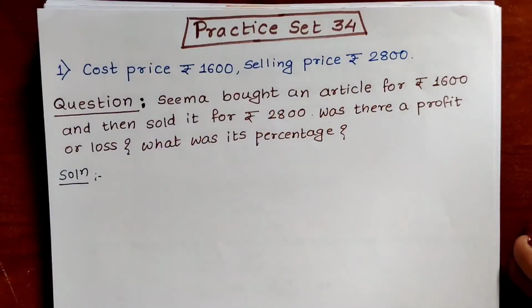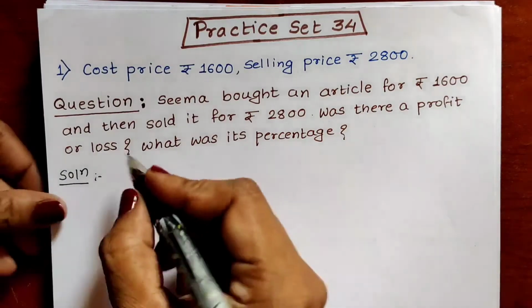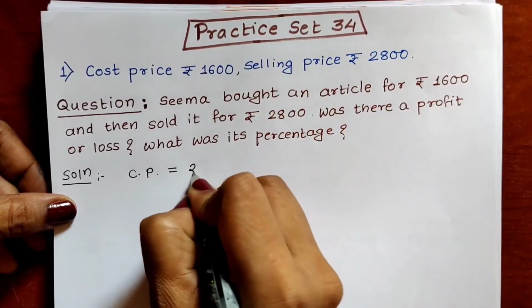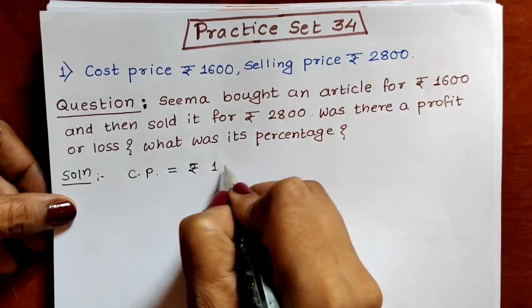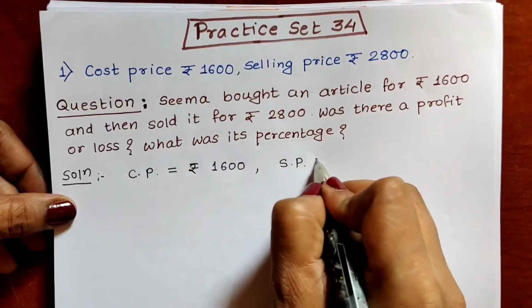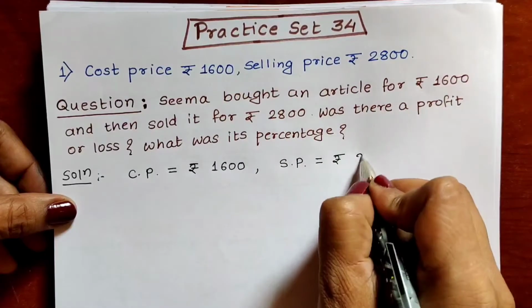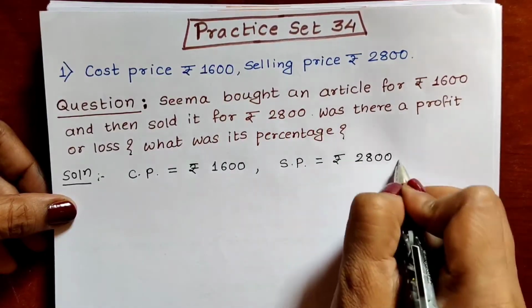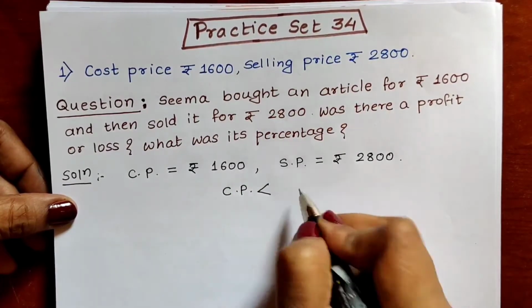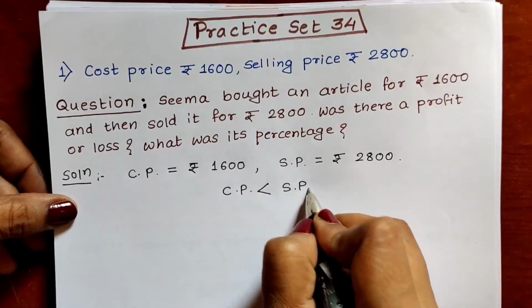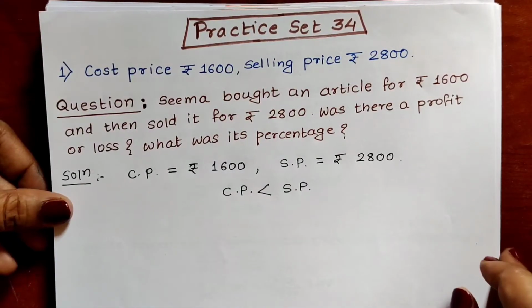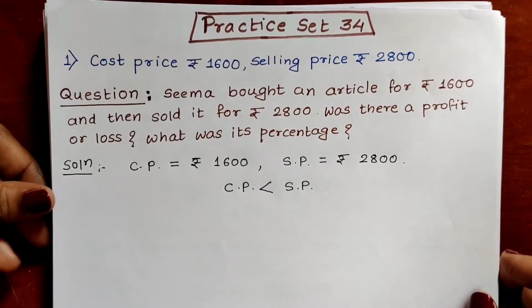So let us see. Here we write cost price is equal to rupees 1600. Selling price is equal to rupees 2800. Which is lesser? Cost price is lesser than selling price. So when the cost price is lesser, what can a person get?